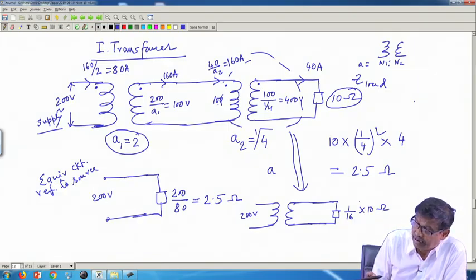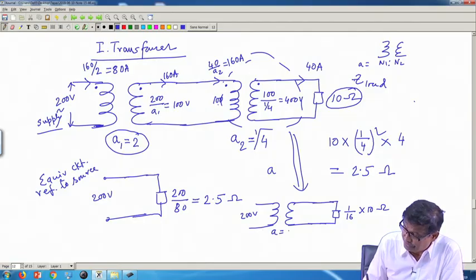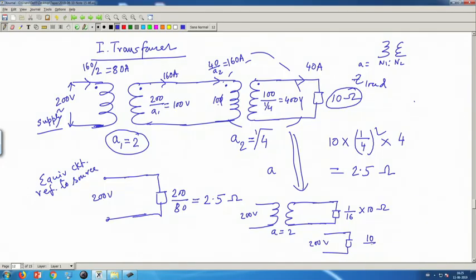Then this 10 by 16 and this transformer turns ratio is 2. So, it will be 4 by 16. Then the next step is supply, and this is 200 volt, and this was 10 by 16, and then once again into 4 and equal to 2.5. There are several ways, you find your own convenient way of interpreting the results.